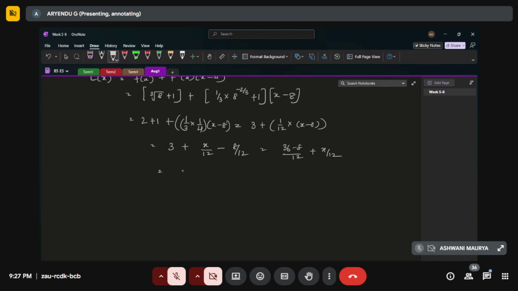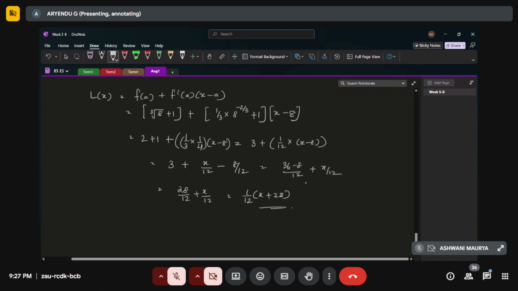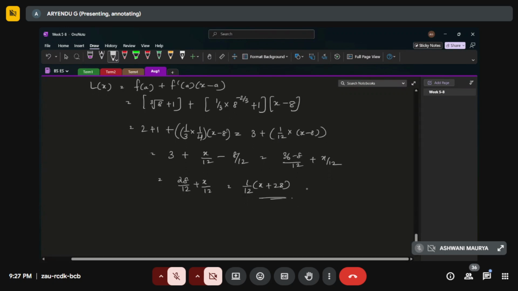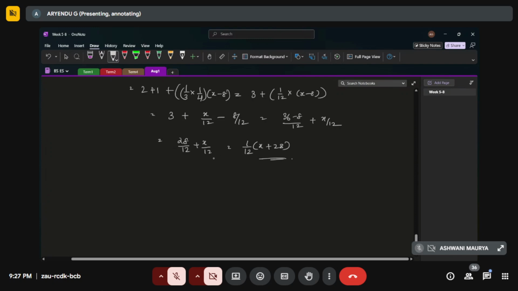So 28 by 12 plus x by 12. And 1 by 12 is into x plus 28. So this was the form in which it was given in the options for that particular question. So we have to take care that, looking at this, the answer we got might not look very similar to this, but we have to expand upon it to somehow reach the options which are given in the quiz.